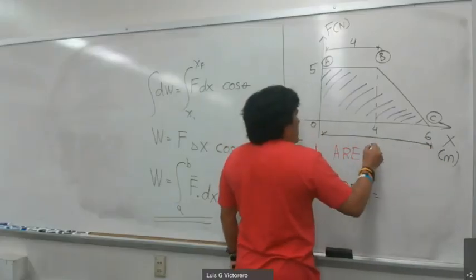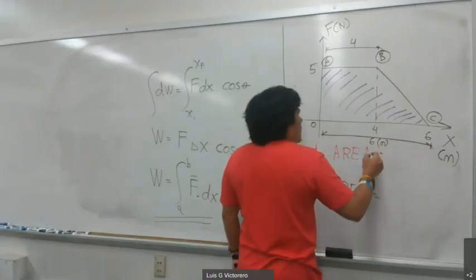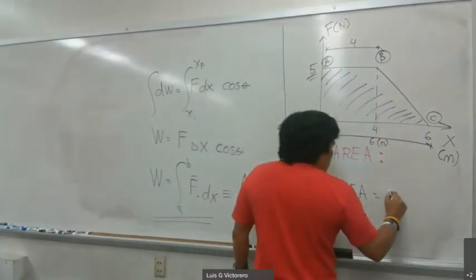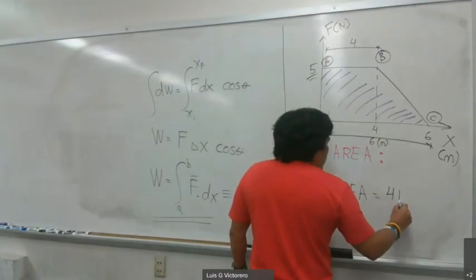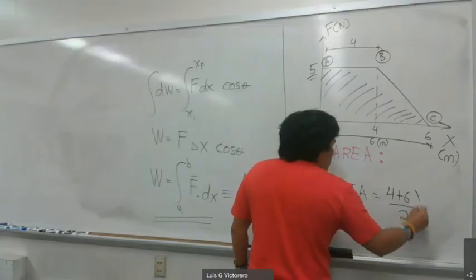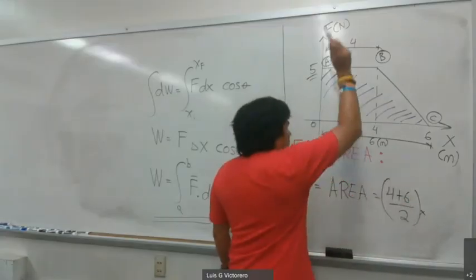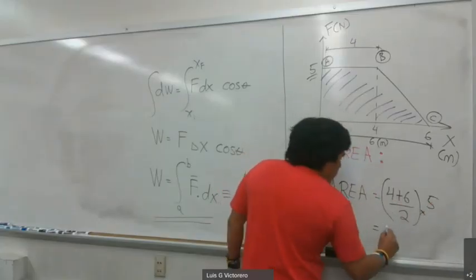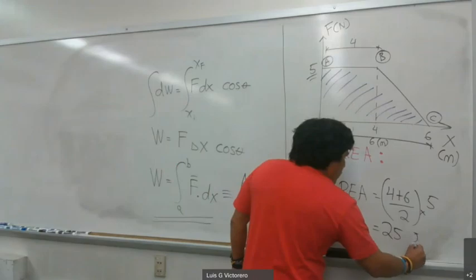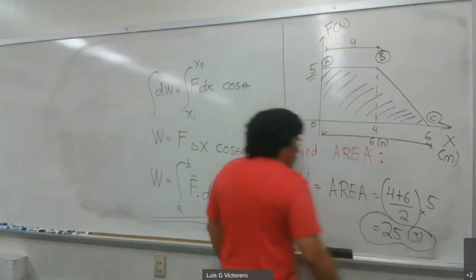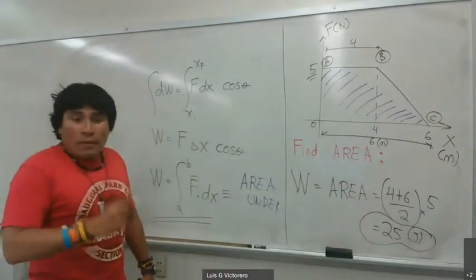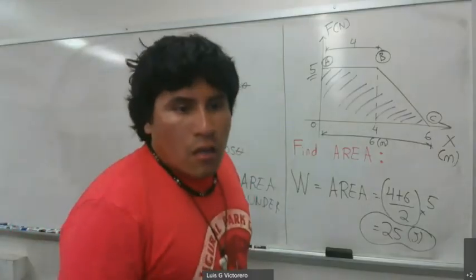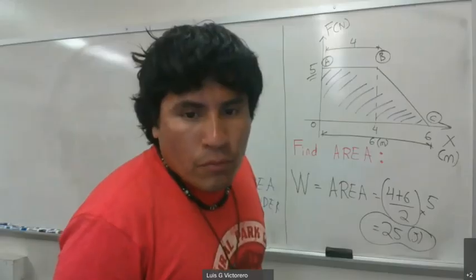The large base is 6 meters. The height is 5. The area of a trapezoid is small base plus large base divided by 2 times the height. 10 divided by 2 is 5, times 5 is 25. That is the work done. How easy, right? Especially because the figure is quite simple. Take a look.